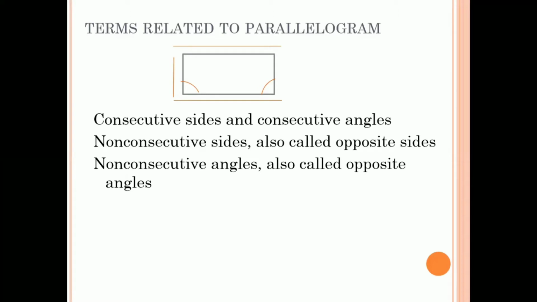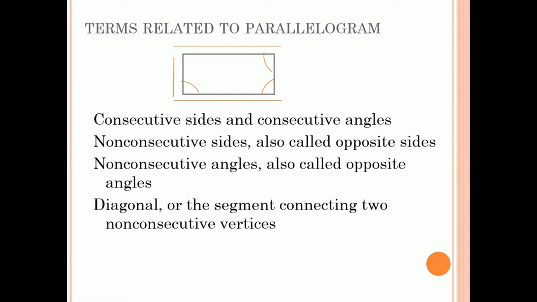This angle and this angle are non-consecutive angles, or the opposite angles. You also have the diagonal, the segment connecting two non-consecutive vertices. Okay, this is the diagonal.